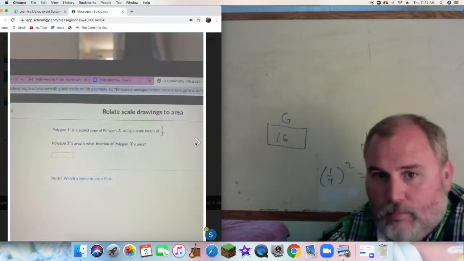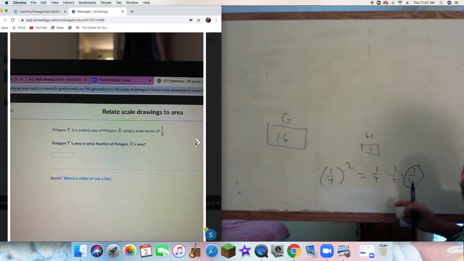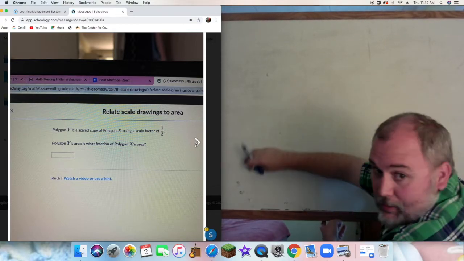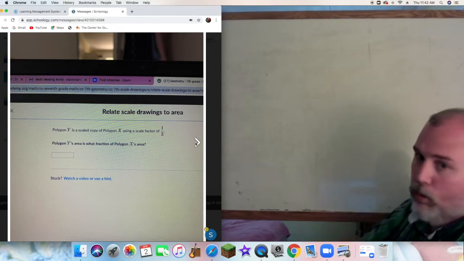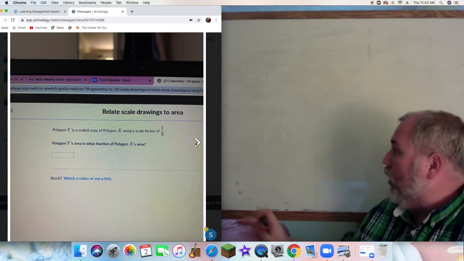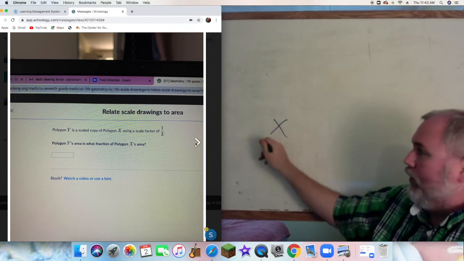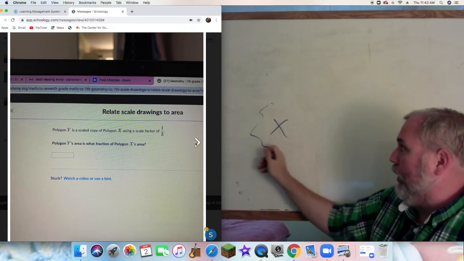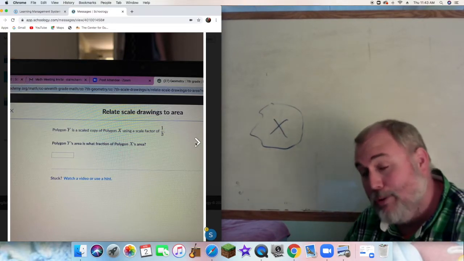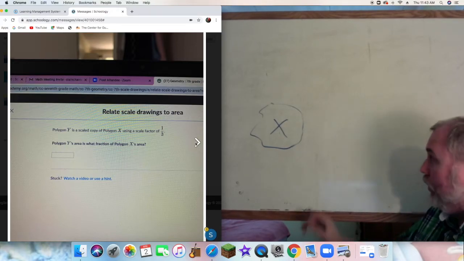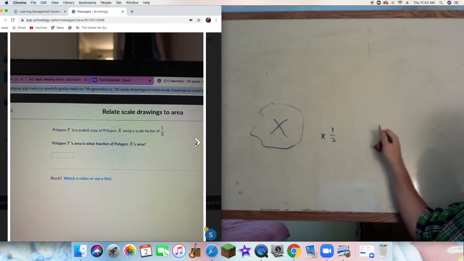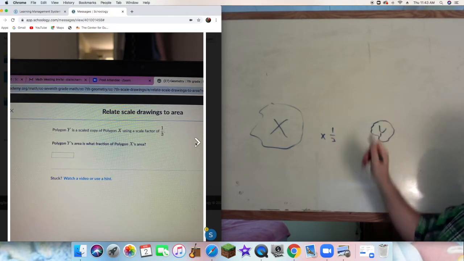Next one. Polygon Y is a scaled copy of polygon X using a scale factor of 1/3. What is the fraction of X's area? So polygon X, whatever that is, I'm just going to draw some random shape, is being multiplied by a scale factor of 1/3, and that gives me my polygon Y, which is going to be smaller.